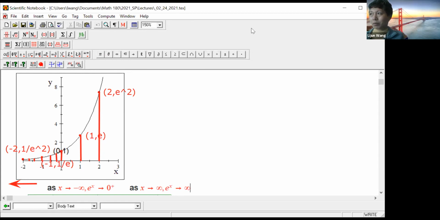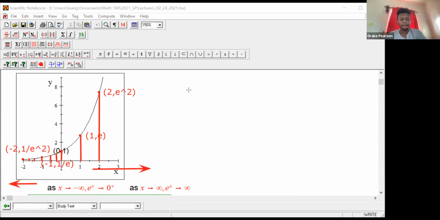As x goes in the other direction, x approaching positive infinity, e to the power x approaches positive infinity. You're already doing calculus. The foundation of calculus is algebra. That's why we want to build it on rock.